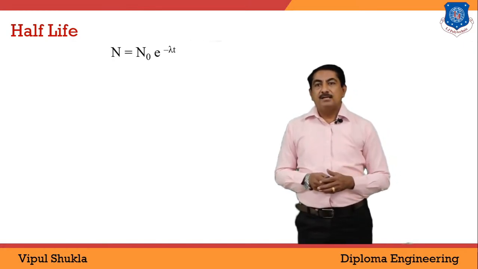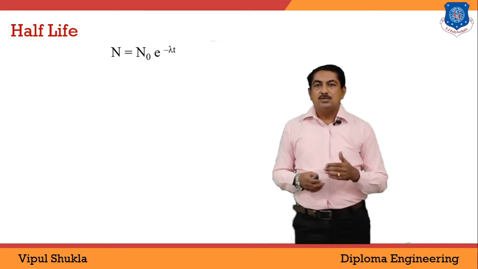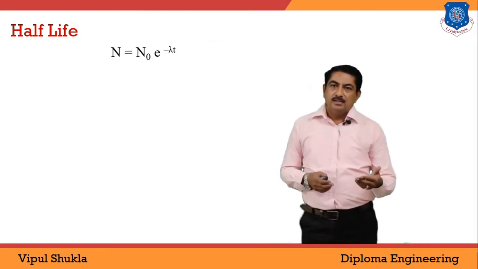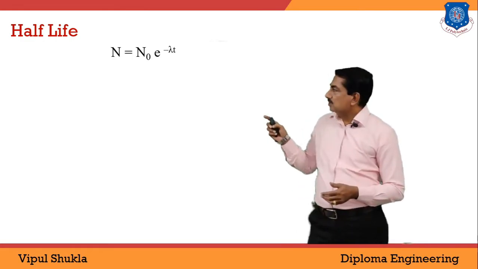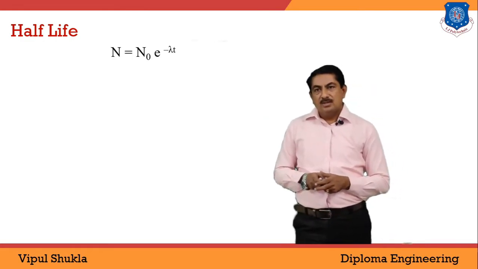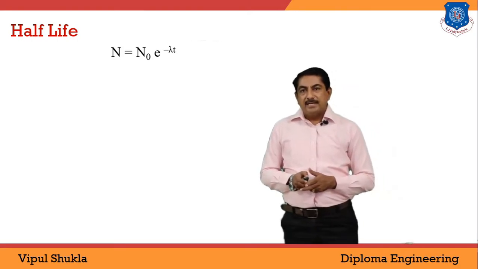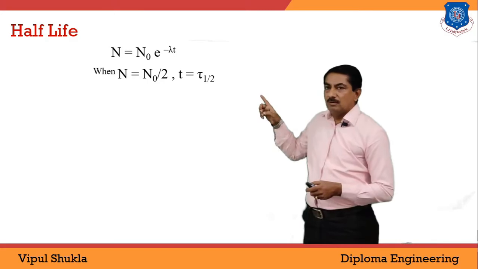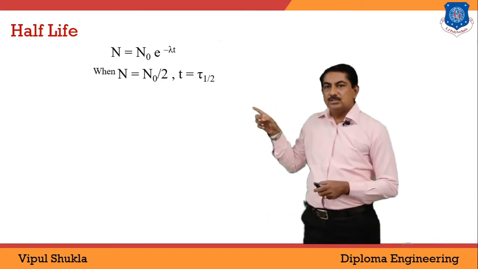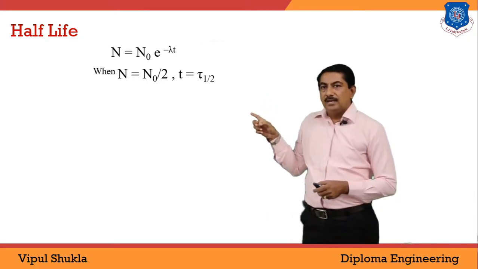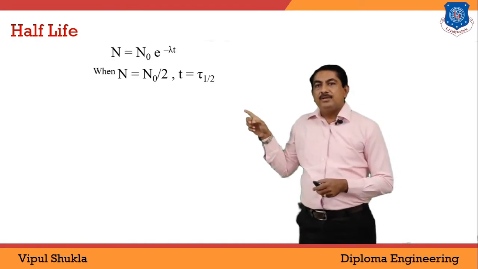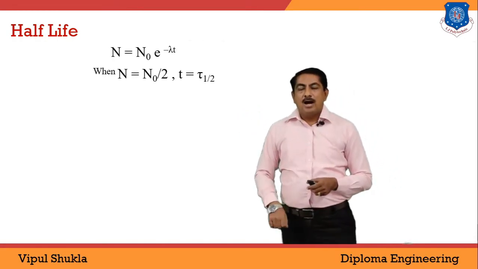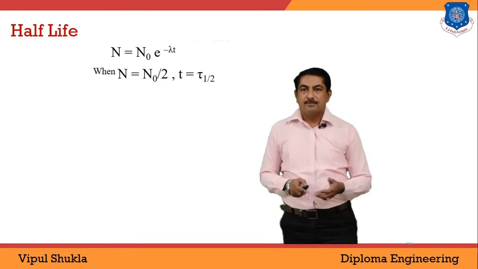After a certain interval of time, let's suppose t, the nuclei gradually decrease. That number of nuclei is capital N. So by taking the condition that N equal to N0 by 2, from the definition of half-life, let us put a new symbol for the time t, that is tau half, the half-life.